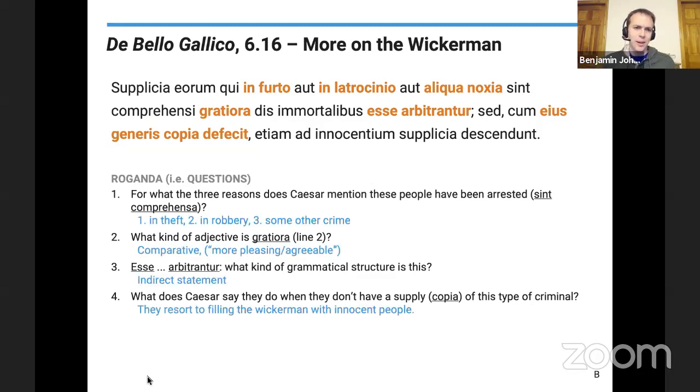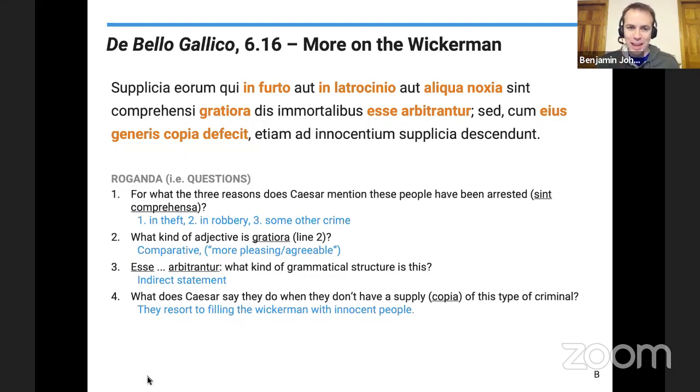Okay, so the 3 reasons that Caesar mentions that people have been arrested, sint comprehensi, are in furto, in theft, in latrocinio, in robbery, so like maybe a band of brigands going around the countryside, marauding, killing people, taking things, or even just the general catch-all, aliqua noxia, some other crime.